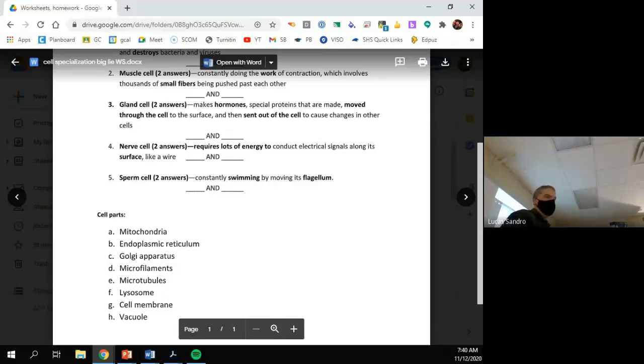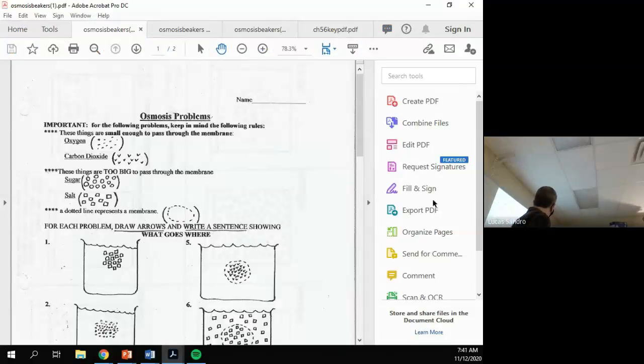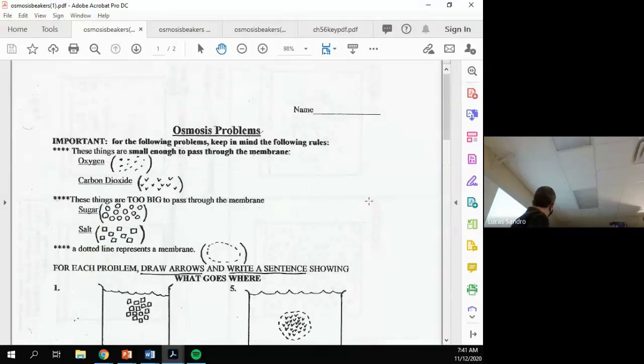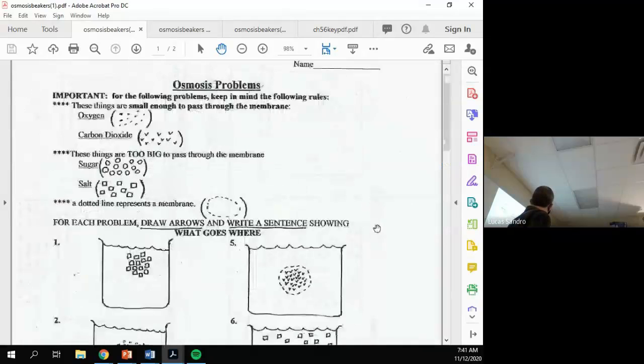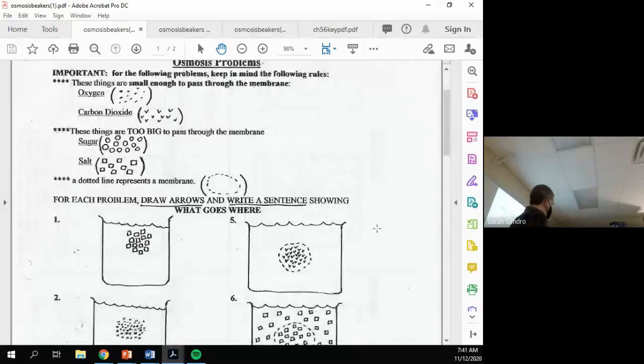For now, I want you to grab your beaker problems from yesterday. Let's check those out. So on this side, is that what you've got? Yes, good. We've got 4 different solutes, and by the way, each beaker is going to be worth a half a point.